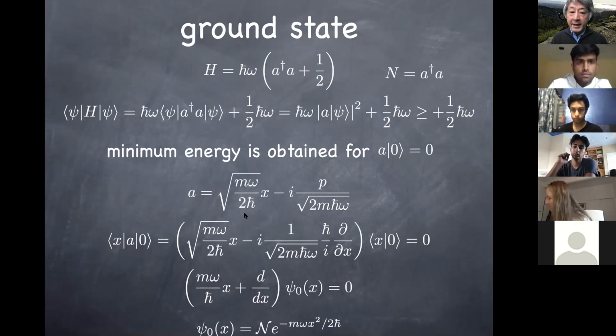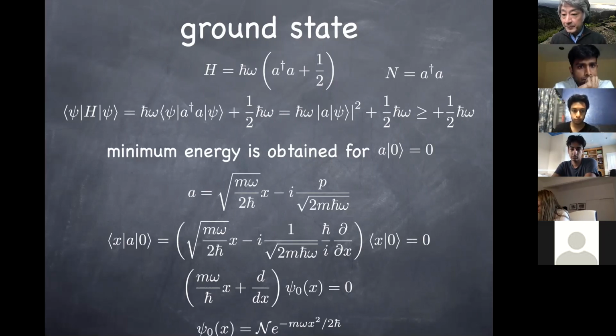You might say there's no guarantee that this operator has a state which it can annihilate. But by explicitly solving this equation and finding an explicit wave function, you get reassured that such a state does exist. Does that make sense, Chirag? Yep, thank you. Okay, good.